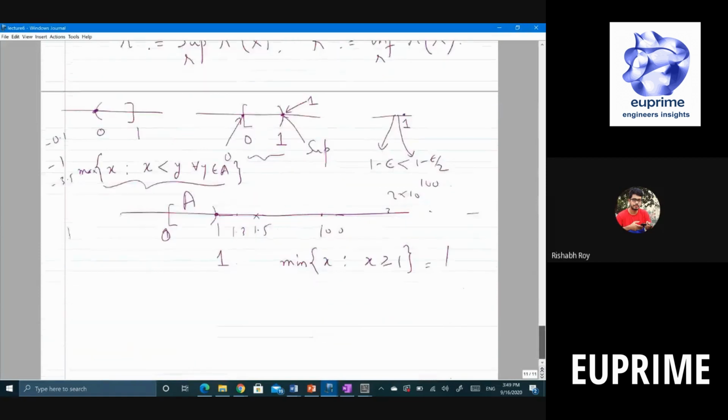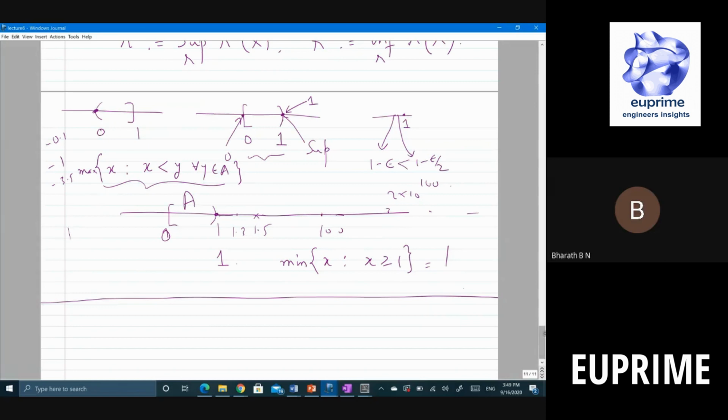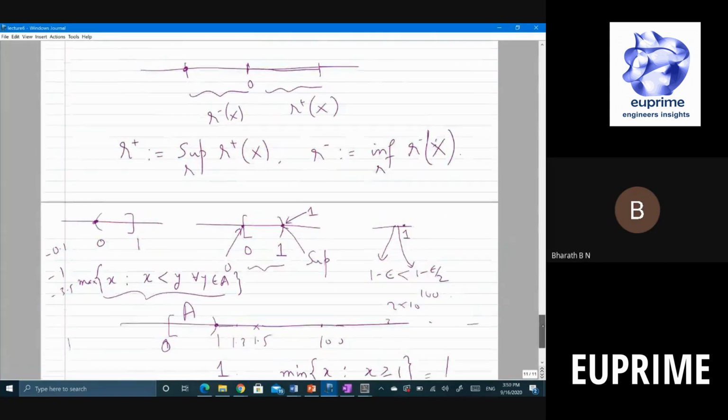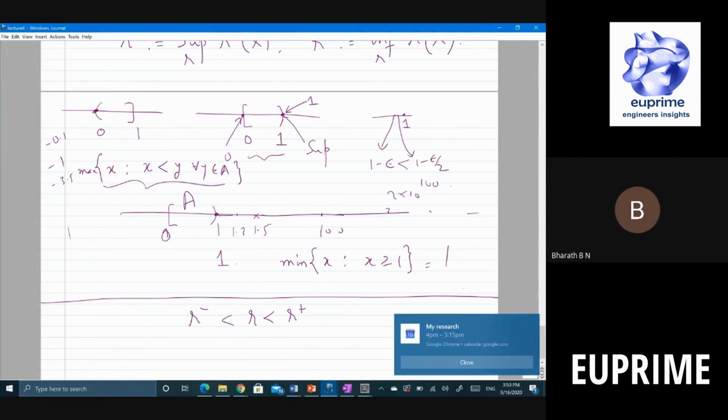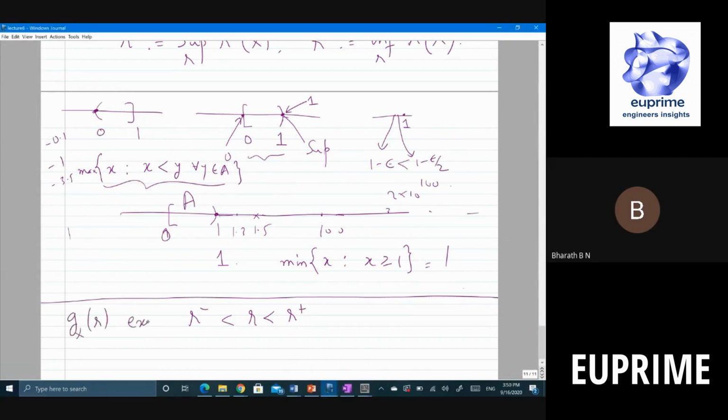Yes, sir. Okay, now this is an aside. You can Google and understand it further if you want. So you have R plus and R minus, right? Now what I'm supposed to do is take r between these two, R minus and R plus. This is where the integral exists, so g_X(r) exists if r is between r minus and r plus.